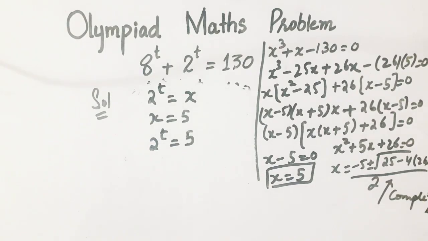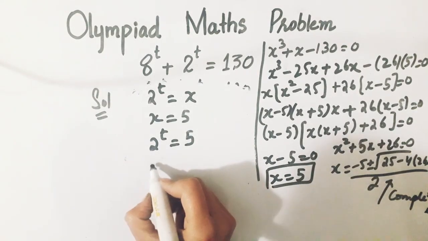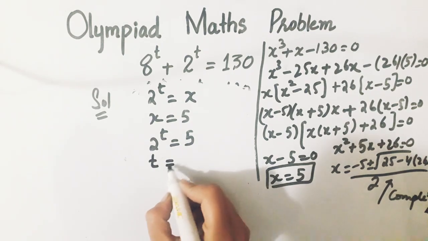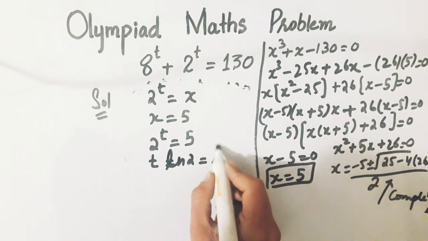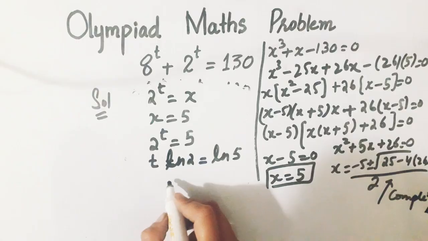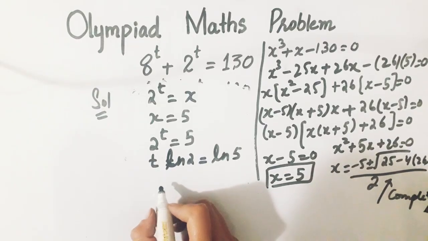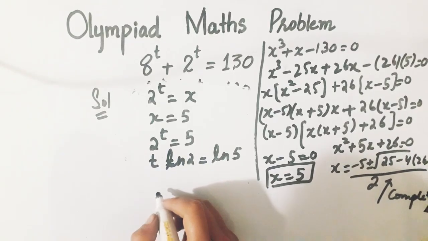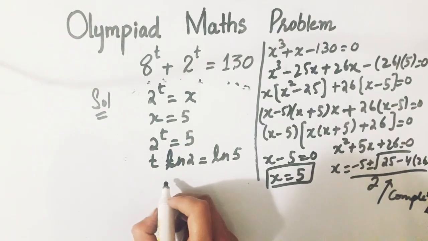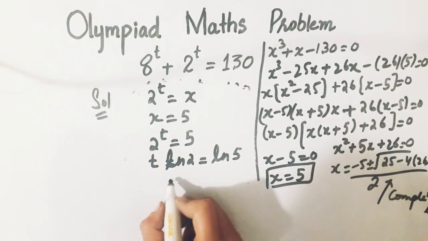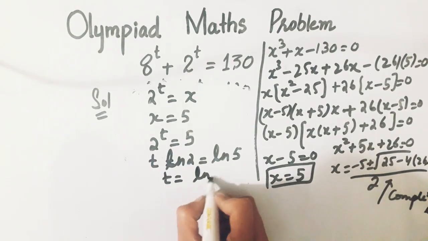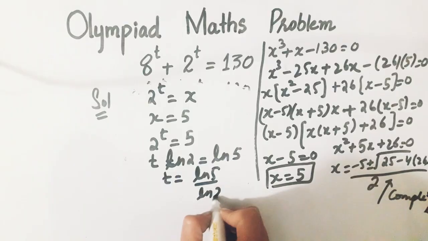You have to find the value of t. So t will equal ln 5 by ln 2.